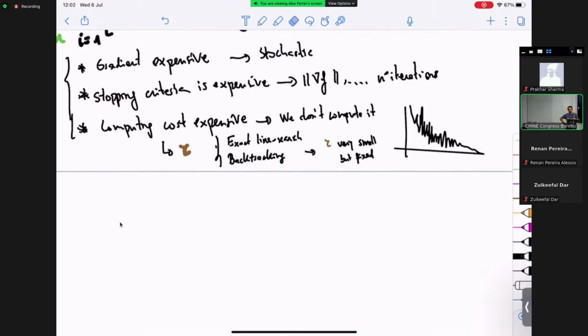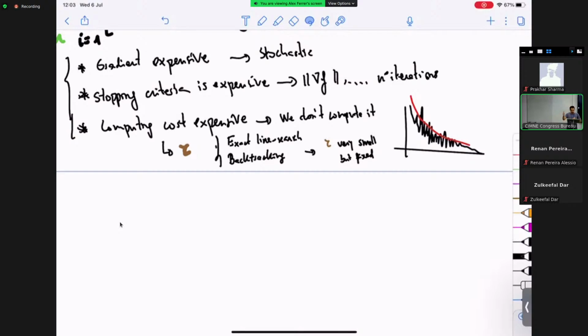There is theory that proves that you will descend in average at the end. But you cannot have a very monotonic descending curve like this because you're using a stochastic gradient.